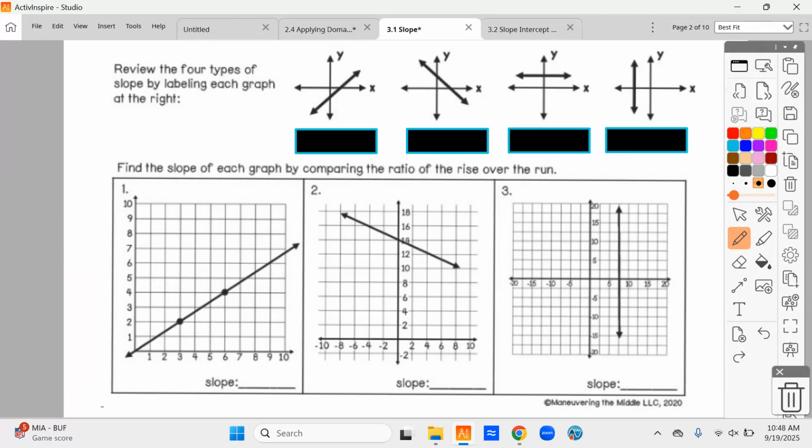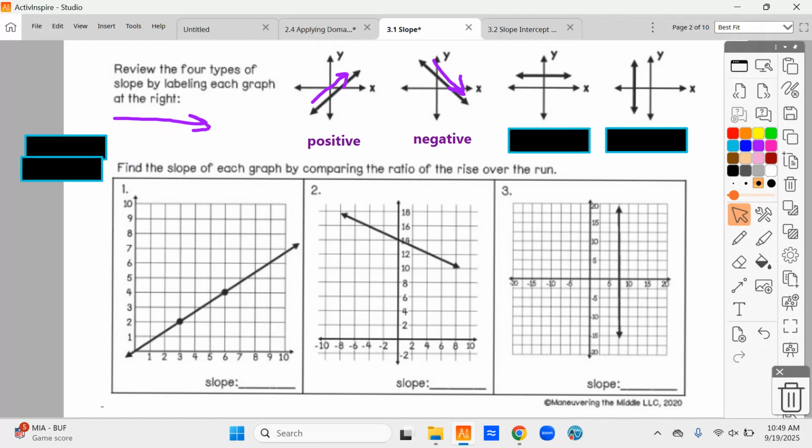All right, so it says review the 4 types of slope by labeling each graph at the right. Now, we always read a book left to right, okay? We read a graph the same way. So if our line looks like we would be biking up a hill, it's a positive slope. If our line looks like we'd be biking down a hill, that would be a negative slope.